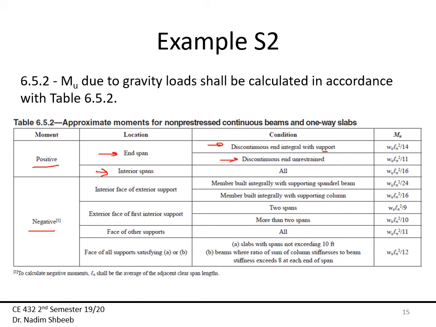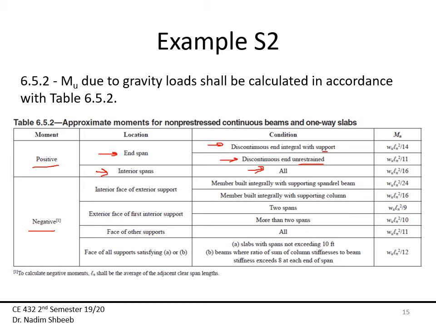If it is discontinuous and unrestrained, so there's no restriction there, or the fixation is removed, then wL square will be over 11. For all interior spans, it's going to be wL square over 16. That's if I'm talking about positive moment.